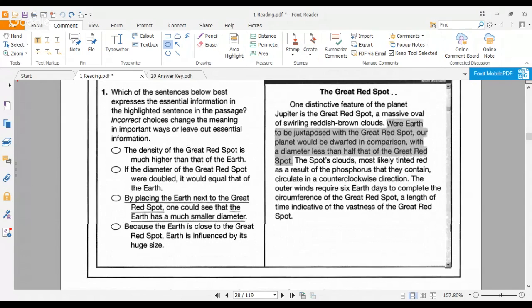So in this exercise, you basically need to find a sentence. One of these four sentences expresses the essential information in the highlighted sentence in the passage. So three of the sentences are incorrect, which means that they change the meaning in important ways or leave out some essential information.